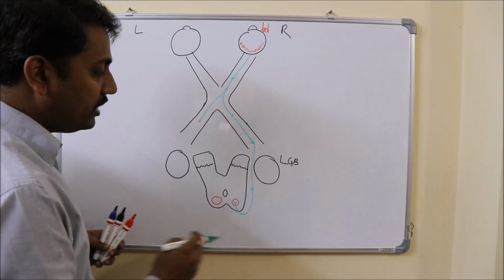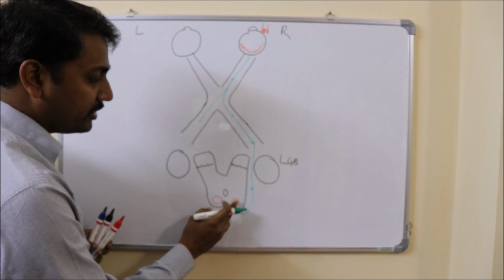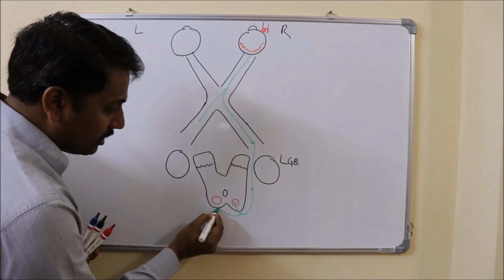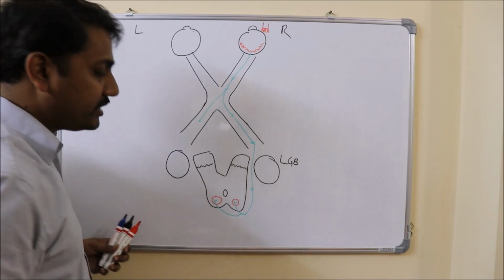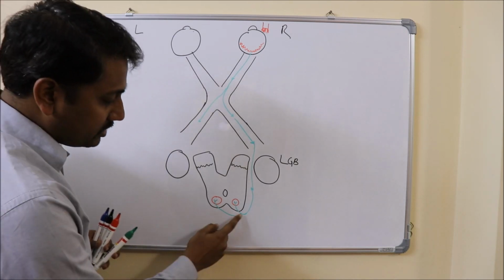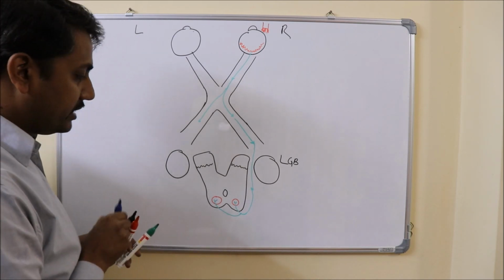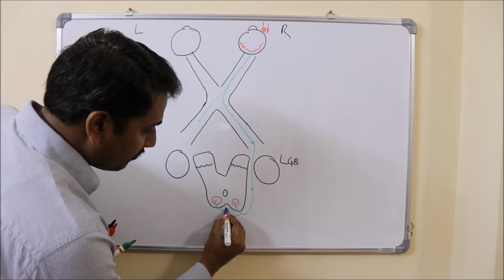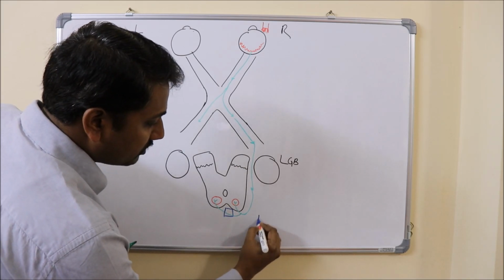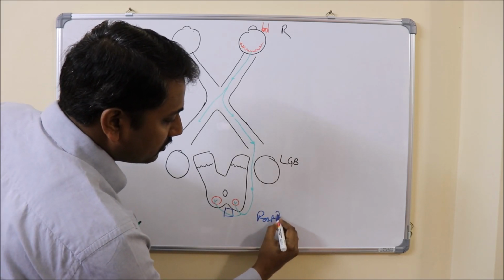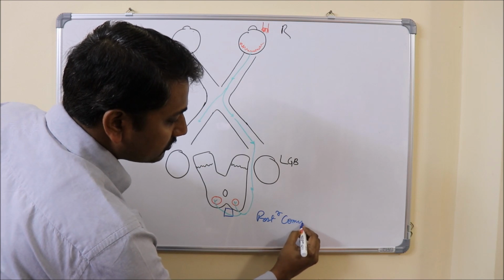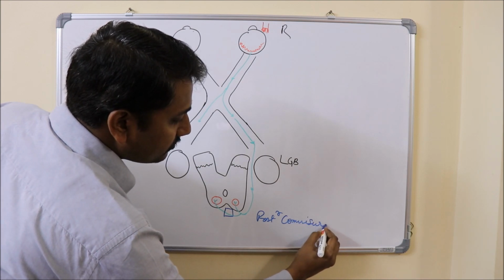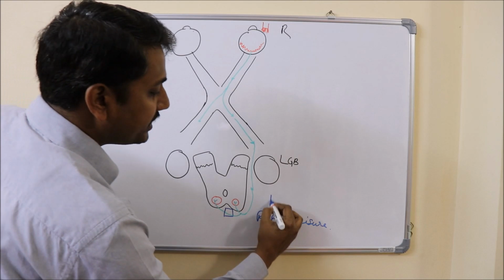These fibers will relay not only into the ipsilateral pretectal nucleus but also into the contralateral side pretectal nucleus. This crossing over to the opposite side occurs at the level of posterior commissure. Okay, and this was the pretectal nucleus.